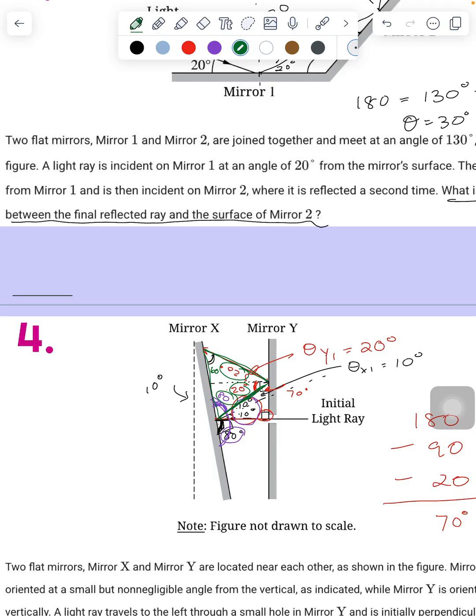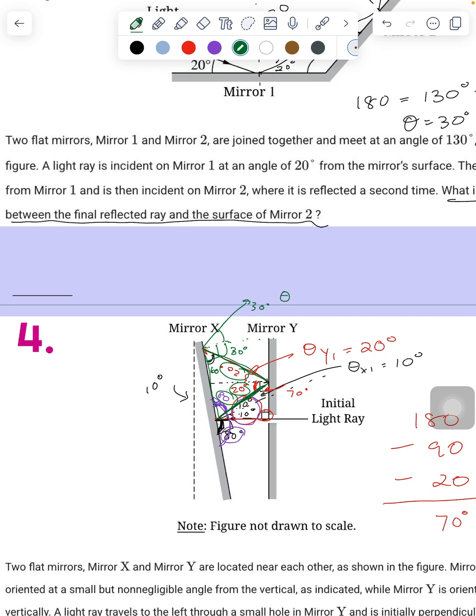So now we need to figure out what the angle here is. This should be fairly straightforward, because now this has to be 90 degrees. So we have 60 plus what is 90 degrees, and that's going to be 30 degrees here. So that's going to reflect back out at 30 degrees on the other side.